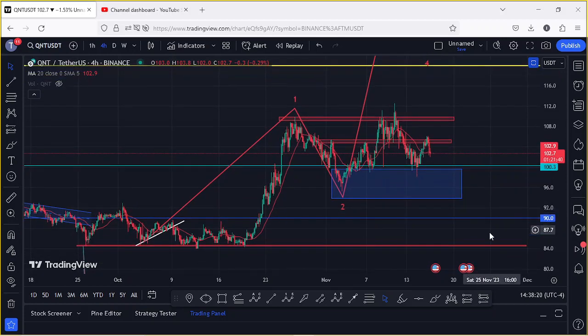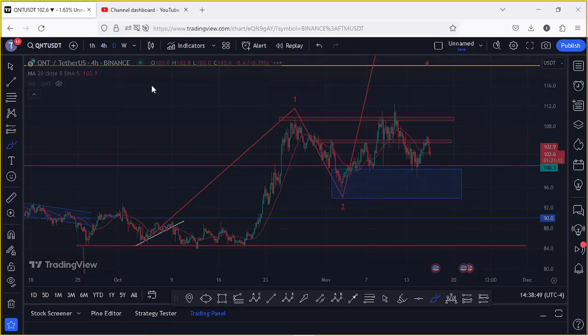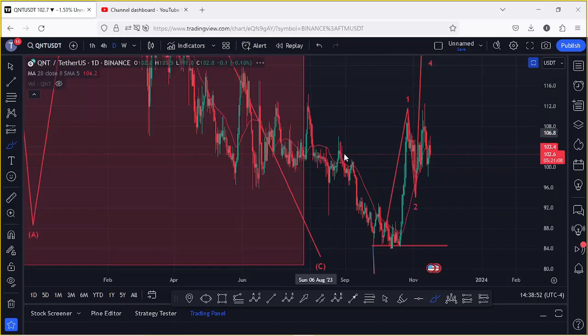And the worst case scenario can only play out in case we see a pullback into the area, and maybe at some point we break out of the area to the lower side, and maybe also lose the $90 mark, which is our next key area of support in case we see another pullback. And that will be suggesting that there are chances that we can see a reset of the lows that we made at around the $84.5 mark. So that is something that we need to have in mind and also be prepared in case further pullback continues.